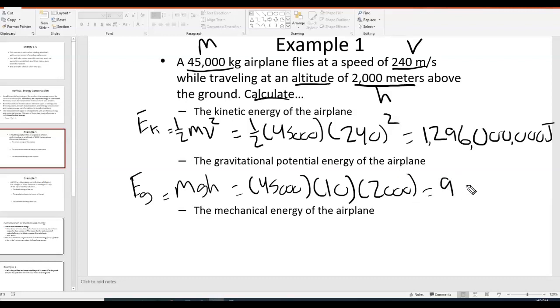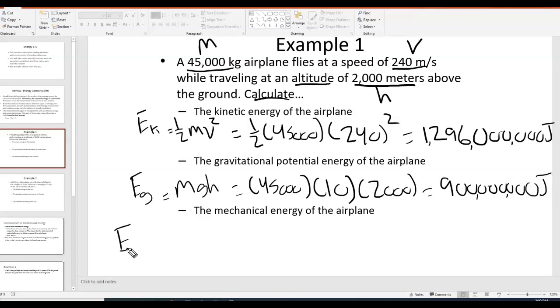I get 9 and then eight zeros, so that is actually 900 million joules.